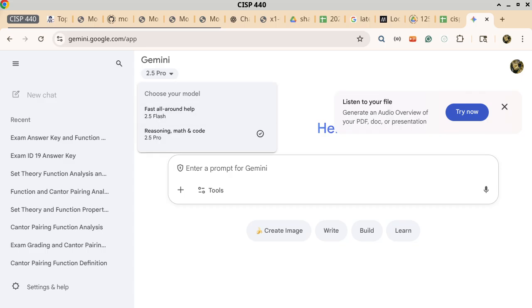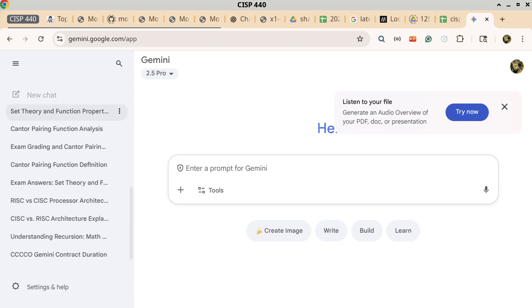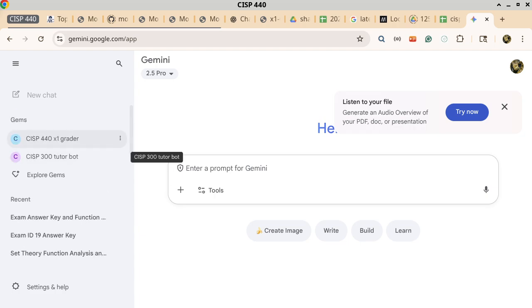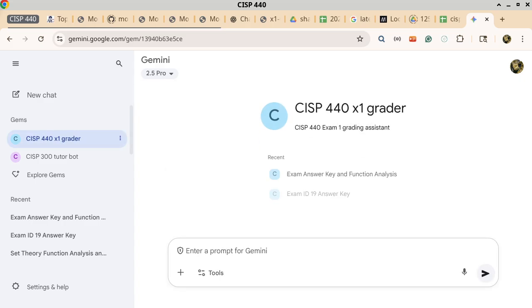The Flash model didn't quite work correctly. More than that, I also have my own, right there, my CISP 440 exam one grader. I made a Gem to do this because I have to give it very specific instructions. Otherwise, it just goes all over the place.